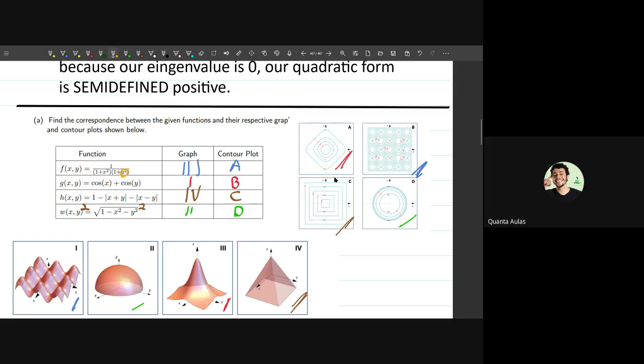When we have y and x equal to 0, do you agree with me? Because if you put 0, you will have the bigger value. If you put another number in x and y, for example 1, you will have 1 over 4, right? If you put -1, because this is squared, it will be 1 over 4 too.